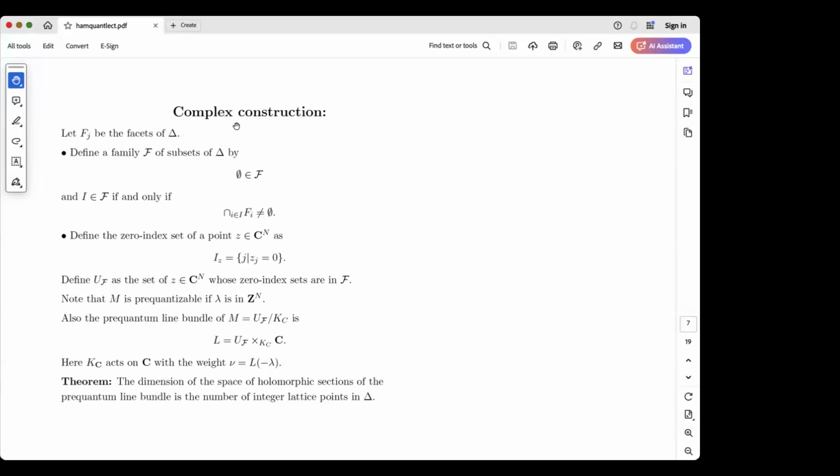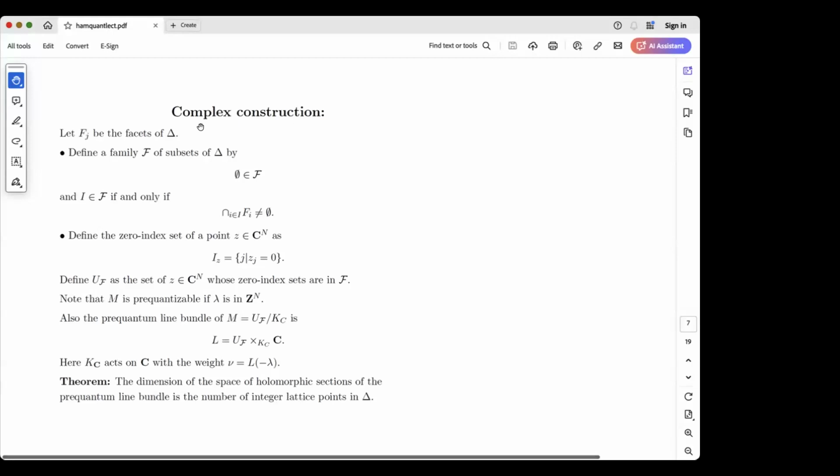So moving now to the description in terms of complex geometry. So moving to weight vectors. So let Fj be the facets of delta.